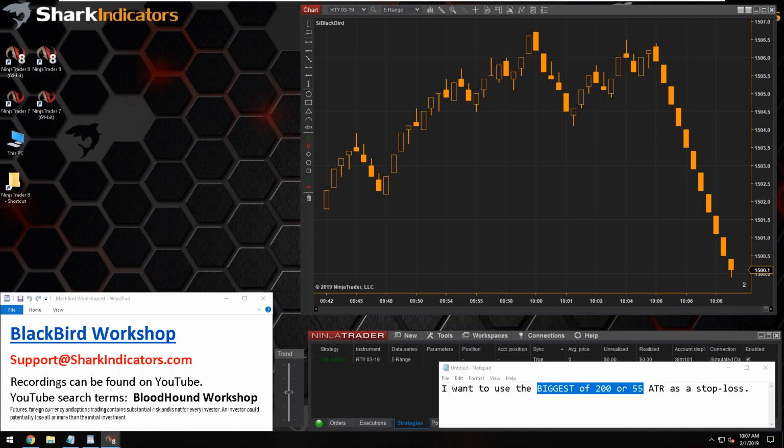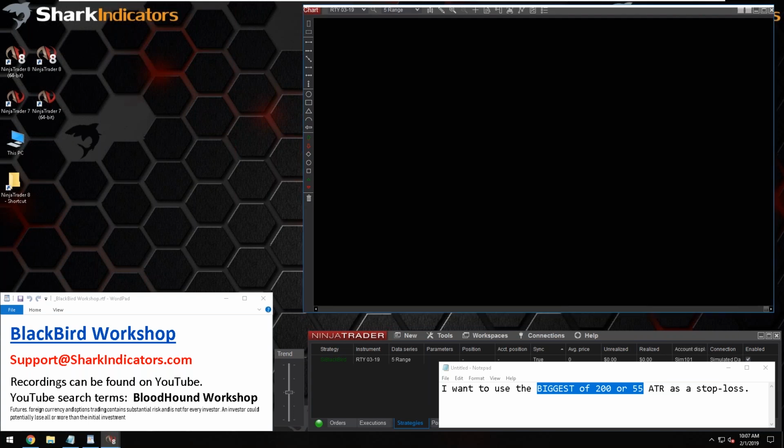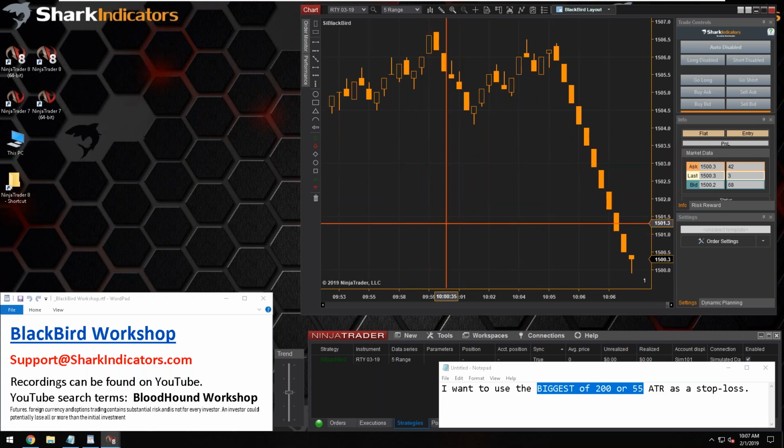The first time you load up BlackBird, the first time during the entire session of NinjaTrader, it does take a little longer than after that. BlackBird will load up very quickly after the initial loading of one of the BlackBirds.